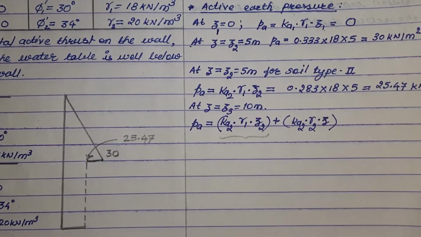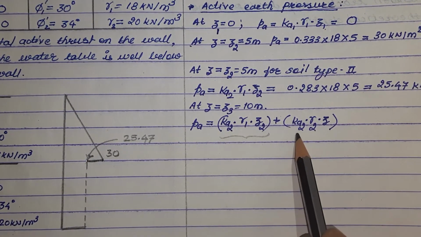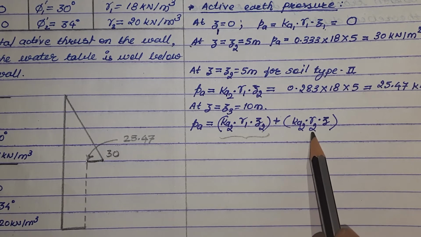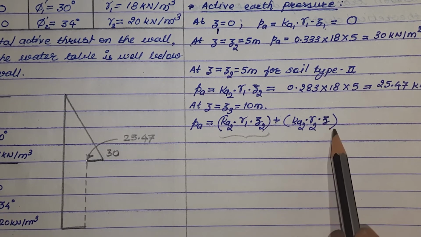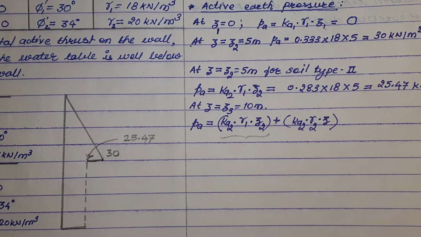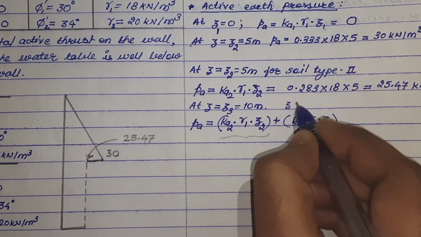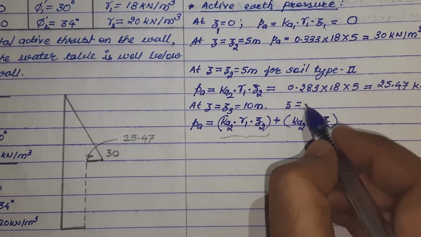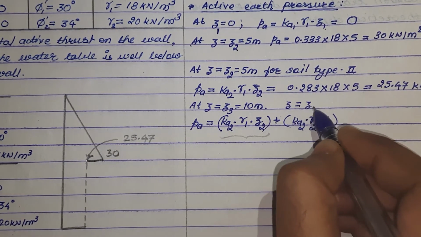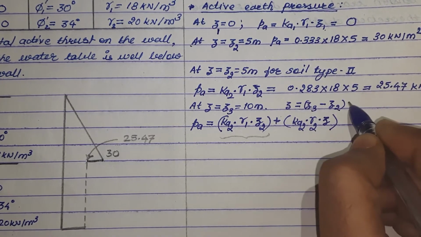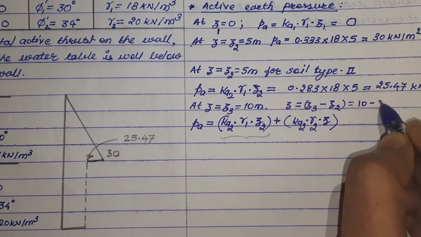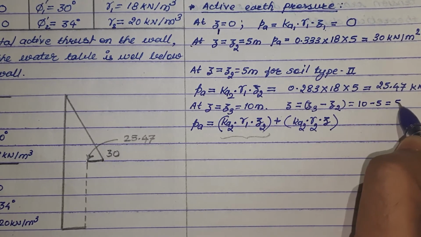Hence, the second term which we have written is Ka2 multiplied by gamma 2 multiplied by Z. Now this Z would be how much? This Z is going to be Z3 minus Z2, that is 10 minus 5, which is equal to 5 meter.